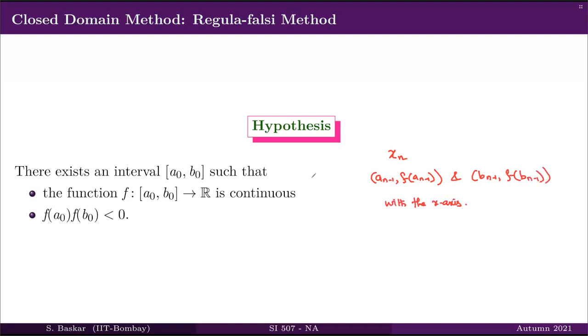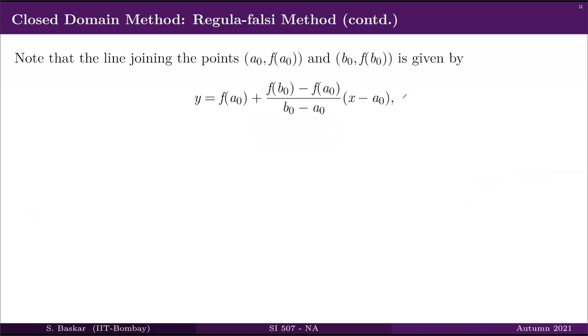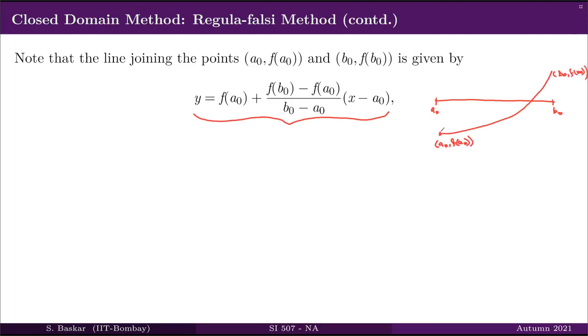So how will we define the line joining these 2 points? Well, from our basic geometry knowledge, you can see that the line joining these 2 points is given by this expression. Now we want to define our x1 as the point of intersection of this line with the x-axis, right?